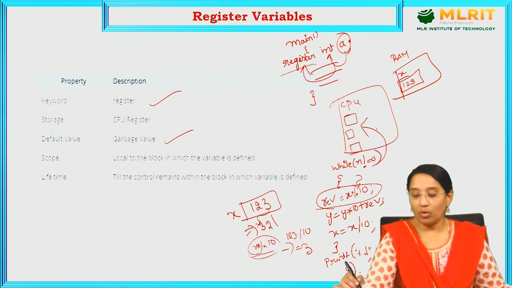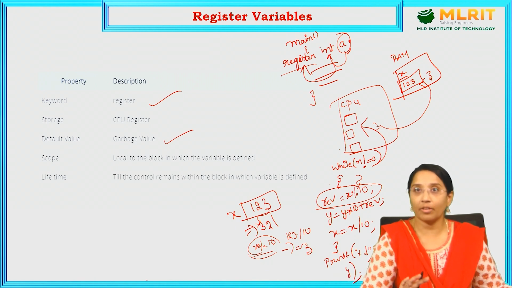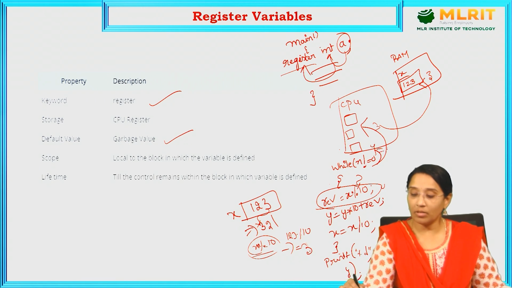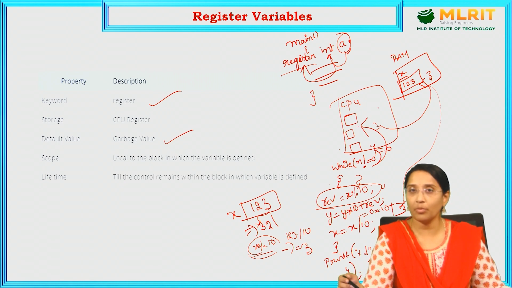This 3 will be copied back to RAM. y is initialized to 0, so 0 * 10 + reverse again fetches the data from RAM to the CPU. So a copy of data is placed in RAM, the processing is done in the CPU, and every time you are switching between the CPU and the RAM.